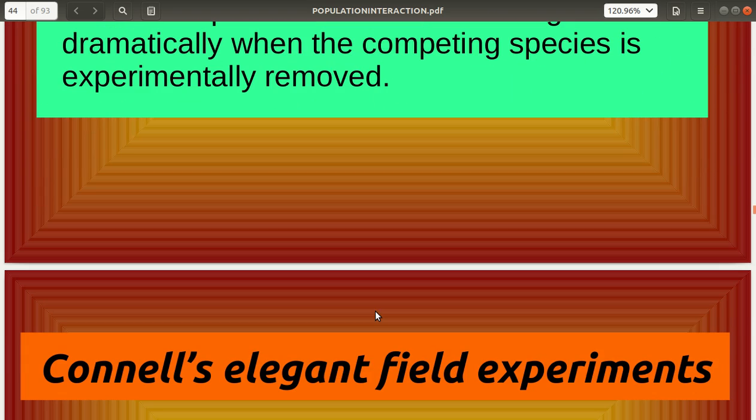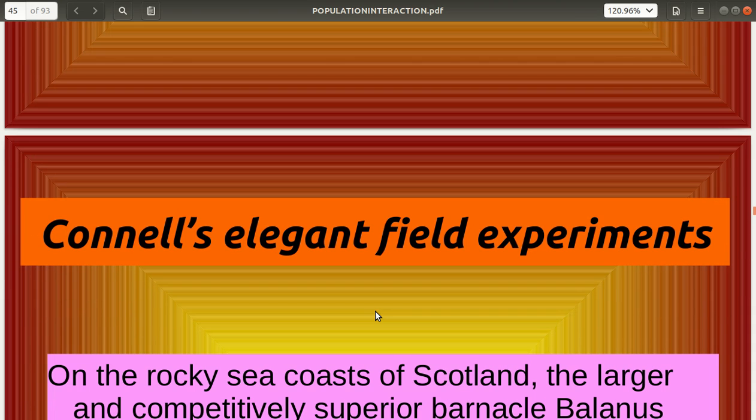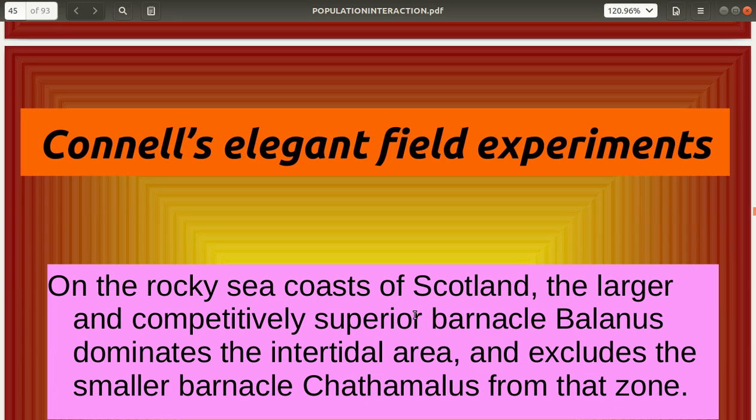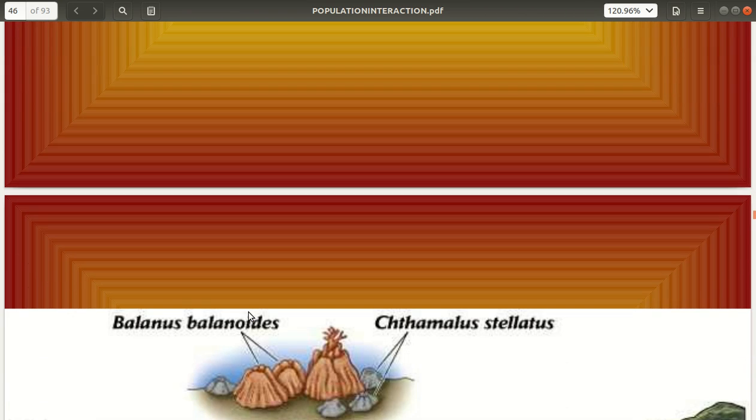The example for this is Connell's elegant field experiments on barnacles on the rocky seacoast of Scotland. The larger and competitively superior barnacle, Balanus, dominates the intertidal area and prevents the smaller barnacle, Chthamalus, from that zone. When you remove Balanus, Chthamalus is going to grow there.